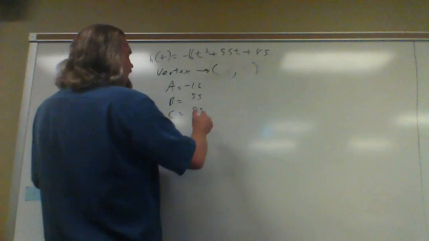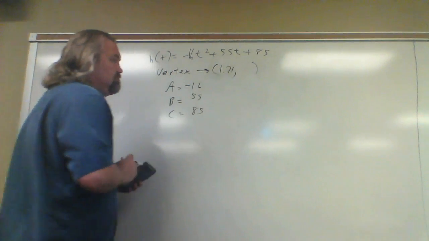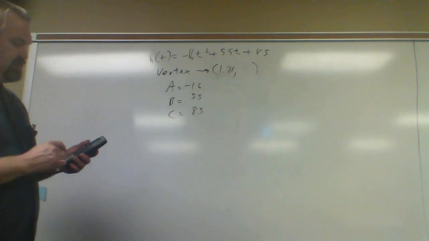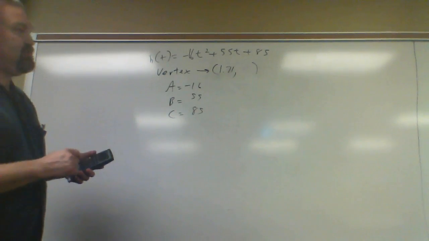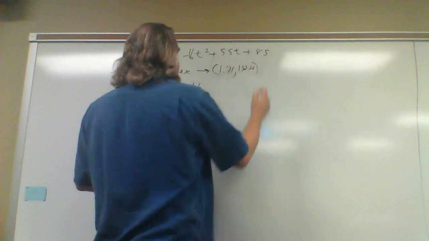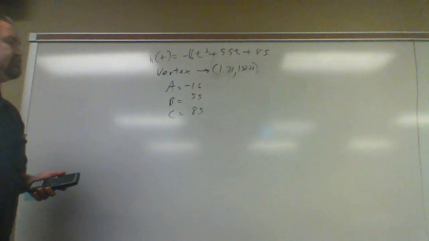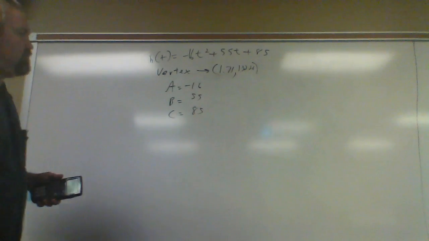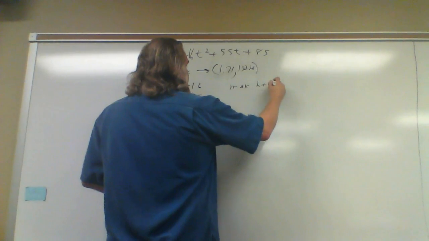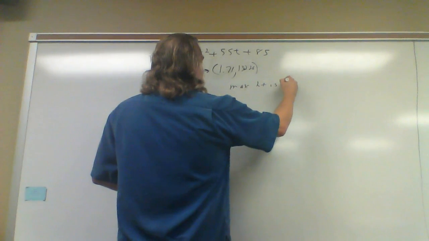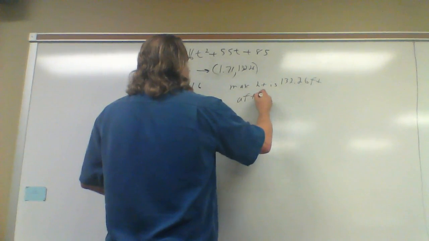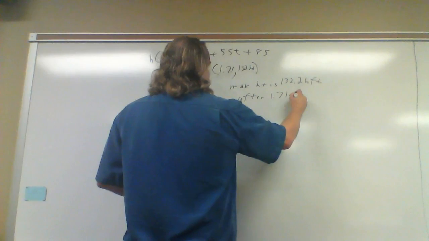which if you divide it out, works out to be about 1.71. And you should get 8465 over 64, which if you divide it out, works out to be about 132.26. So what that means is the maximum height is 132.26 feet after 1.71 seconds.